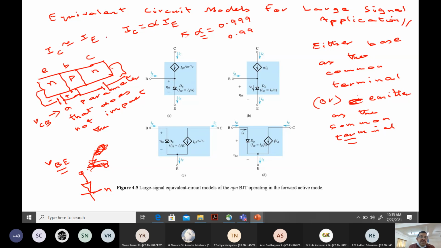Because IC equals alpha IE and IC is nearly equal to IE, I can consider the collector as an ideal constant current source under active mode of operation.